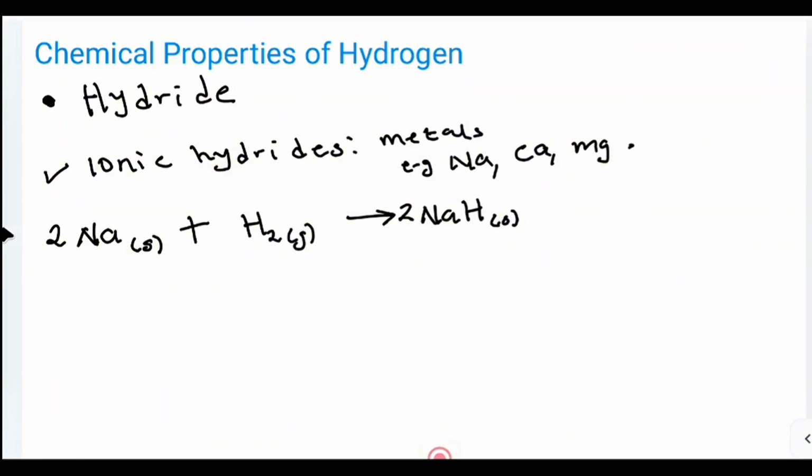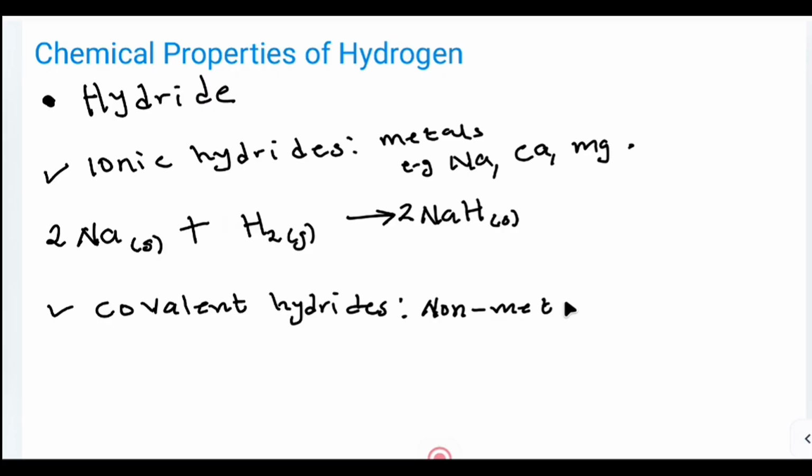We could also have covalent hydride. We get covalent hydride where hydrogen is reacting with non-metals such as nitrogen, oxygen, and chlorine.